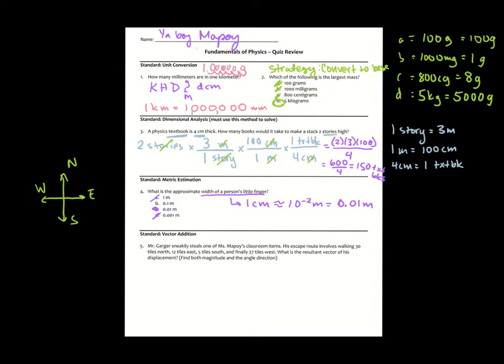We're going to follow these directions in order. So 30 tiles north, going 12 east, 5 south, and then 27 west.